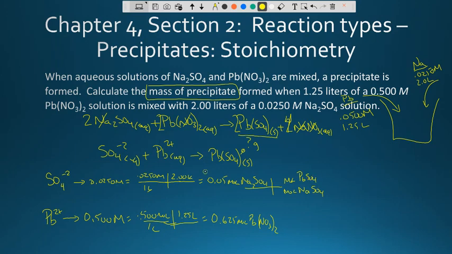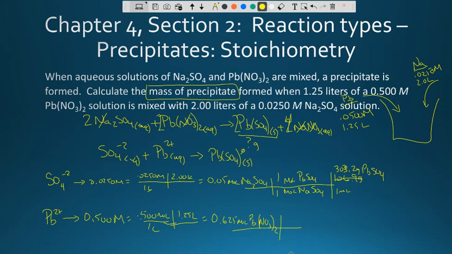Now notice here, it was a 1-to-1 ratio. Up here, it was a 2-to-2 ratio. You're good either way. It's going to cancel out mathematically. So then 1 mole of this gives me 106.9 grams. No, I'm sorry. That ends up being 303.2 grams of lead sulfate.